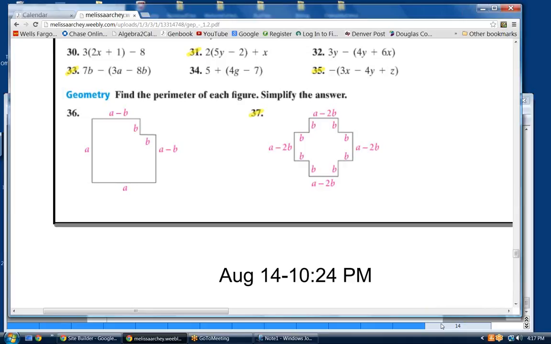Negative 3a plus 8b plus 7b. So combine those and you get 15b minus 3a. Okay. 35? Negative 3x plus 4y minus z. Okay, good.